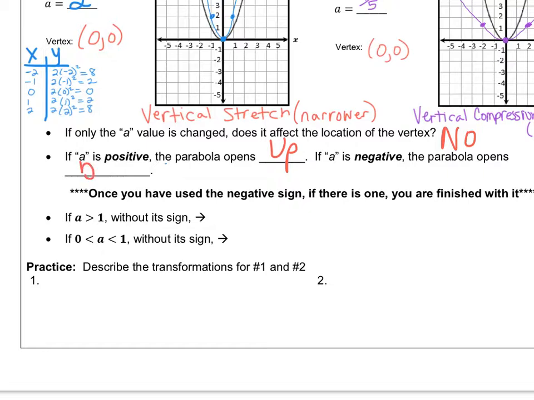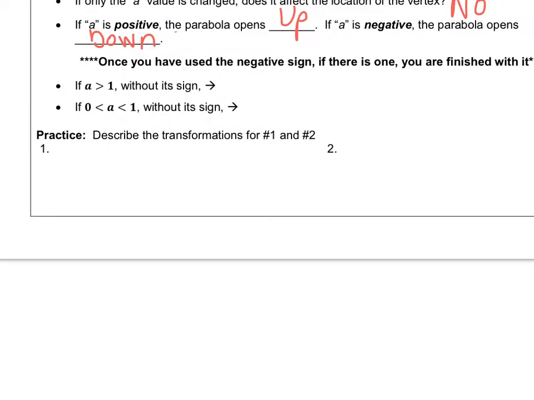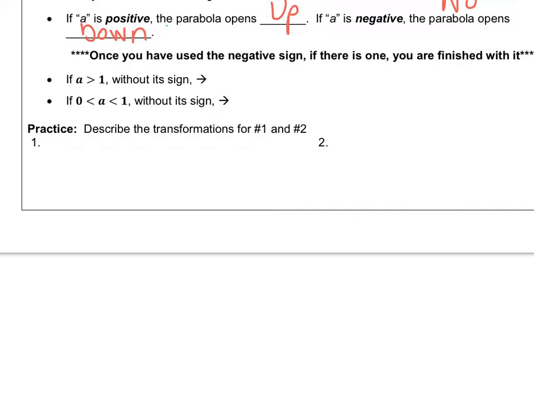Well, it would open down. So that's one of the things that we look for. Once you've used that negative sign to open up or down, then we don't think about the negative anymore. So then we just look at the a value without the sign, and we decide if it's a vertical stretch, which is narrower, or a vertical compression that's wider.